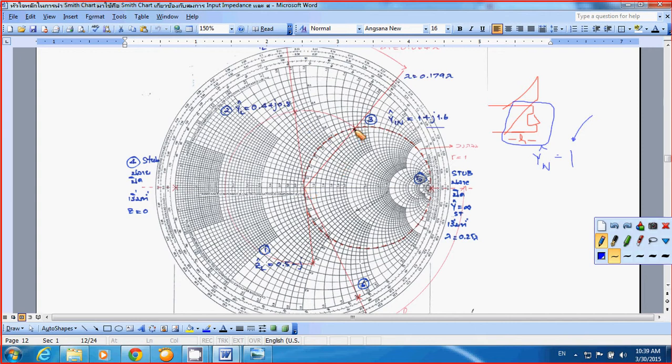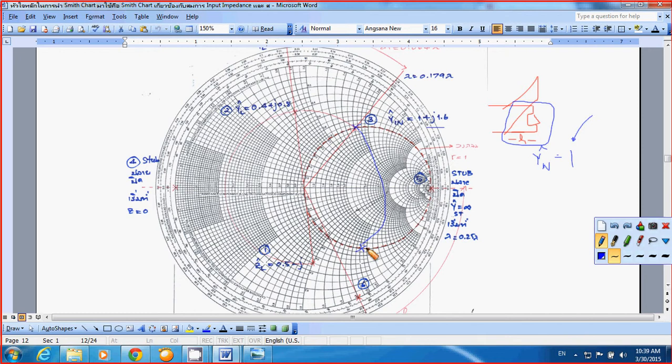You can see that obviously you can intercept at this point. This is your circle 1.0. But if you move more, this also intercepts the 1.0 circle. This is still okay. You can also use this point.